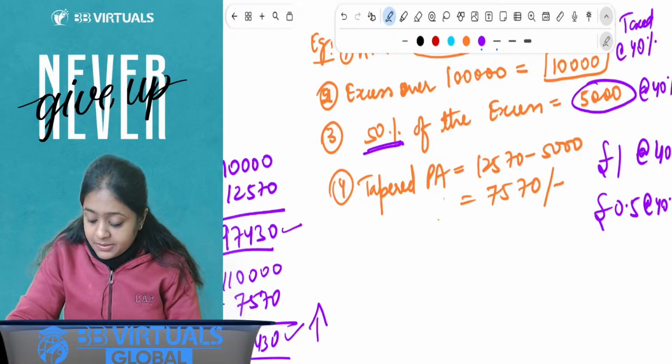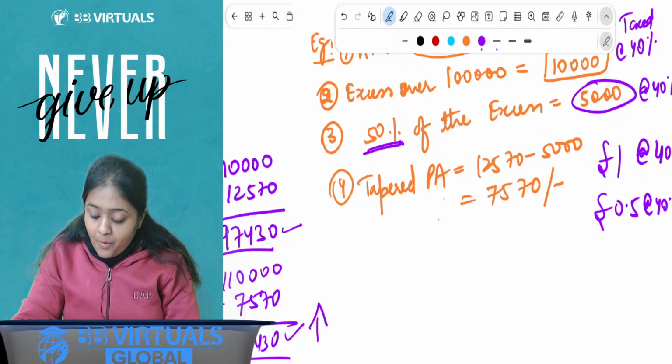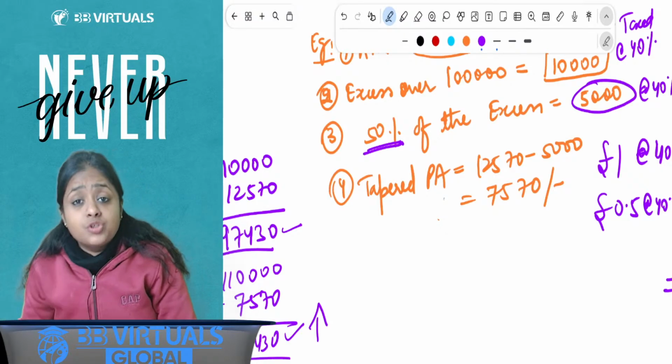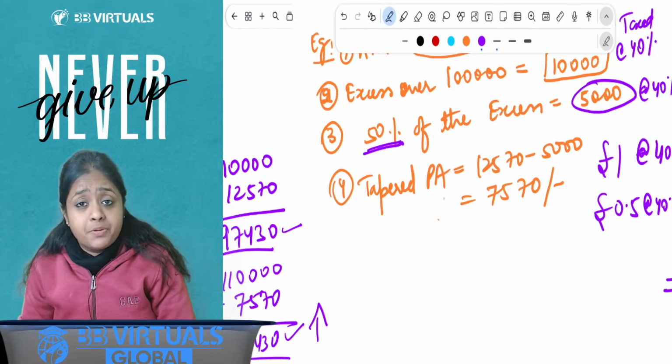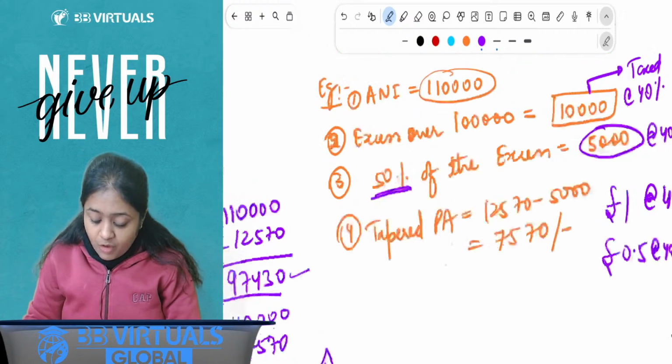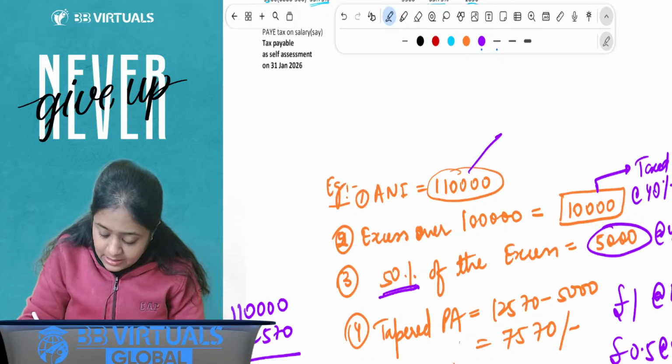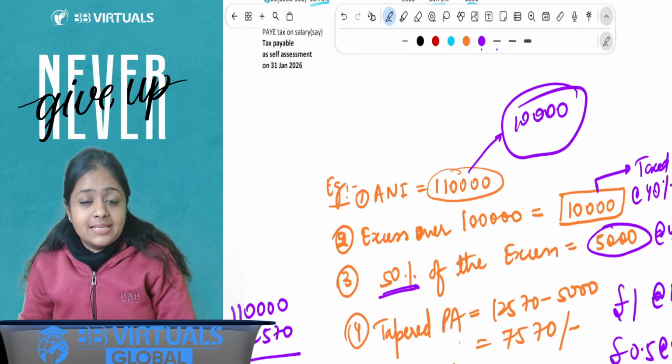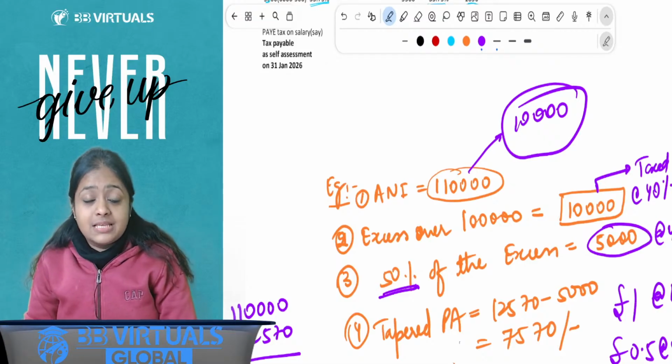Clear? So now do the calculations. Pound 1 into 40% is 40%. Pound 0.5 into 40% is 20%. Total is 60%. So this shows that when your PA gets tapered, effectively this is the marginal tax that you are paying on this 10,000. So the total tax that you are paying on 10,000 is actually not 10,000 into 40%.